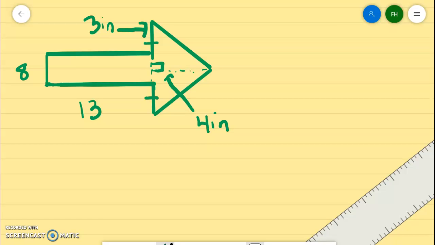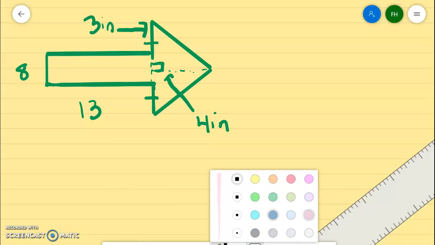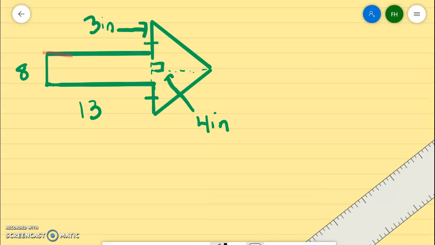Okay, so for this first problem, what I always say is let's break this into two shapes. So let's take one at a time. First, let's start with our rectangle, and we're finding the area.